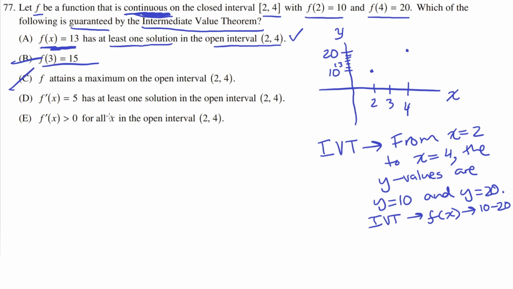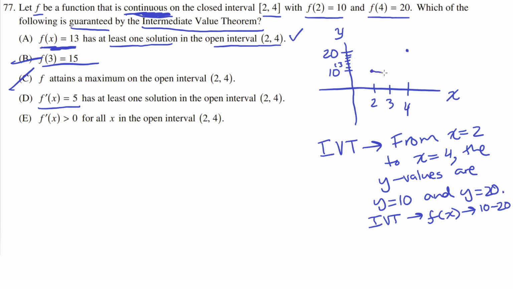D: f'(x) = 5 has at least one solution in the open interval. This is not necessarily true. We could have a piecewise function between 2 and 4, where this could be some slope and this could be some other slope. We don't necessarily have to have a slope of 5, because f'(x) = 5 means that the slope at some point in this curve between 2 and 4 is 5.